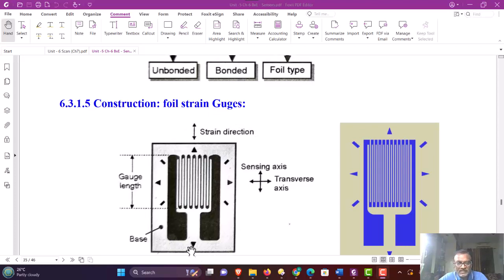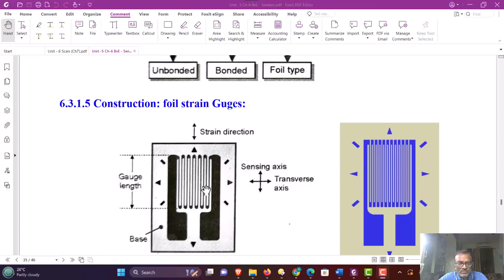Whenever this gauge is applied with external strain or force, it will pull these wires. When these wires are pulled, their length will increase. When length is increased, obviously the diameter of the wire will be reduced.